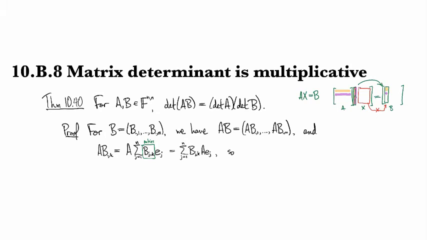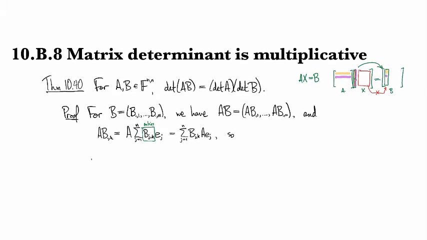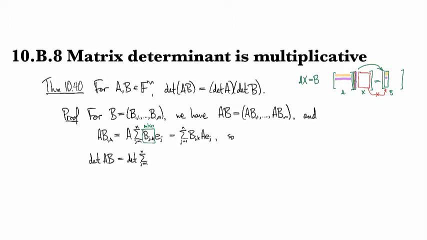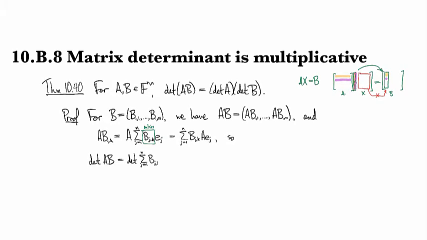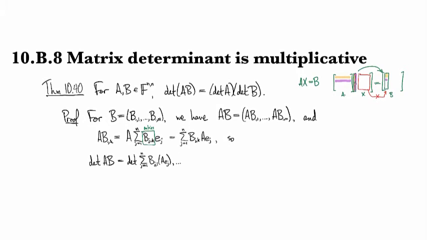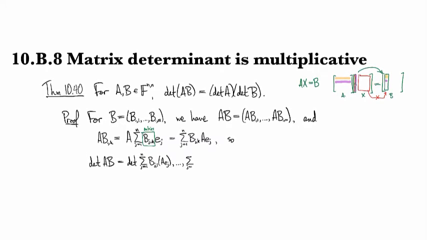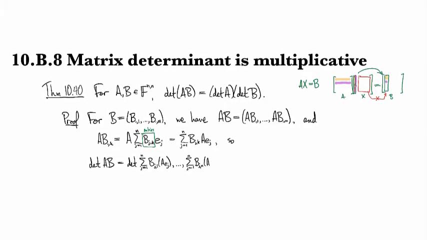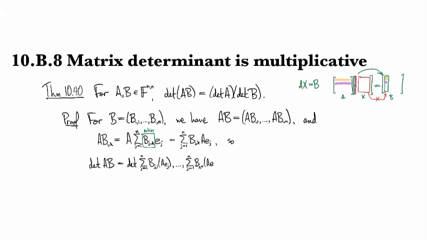So let's do the computation. The determinant of AB is going to be the determinant of the matrix whose first column is the sum j equals 1 to n of bj1 times A ej, all the way out to the last coordinate, the sum j equals 1 to n of bjn times A ej.